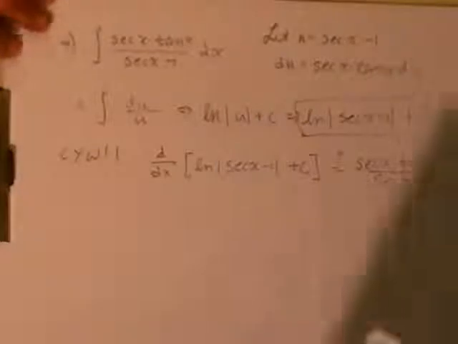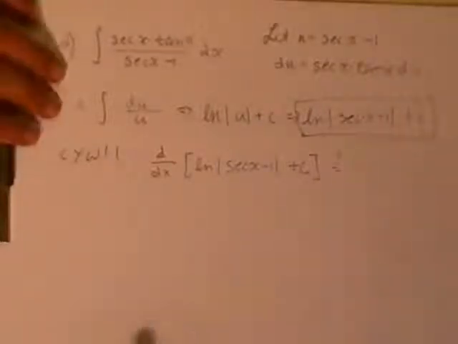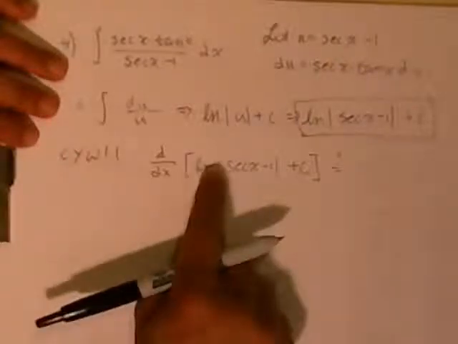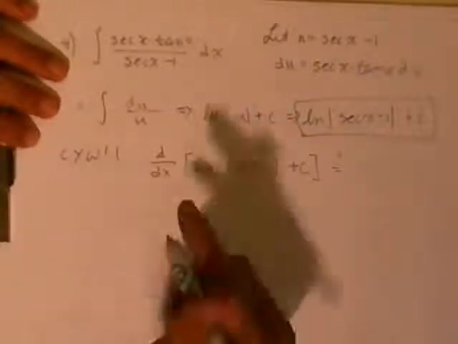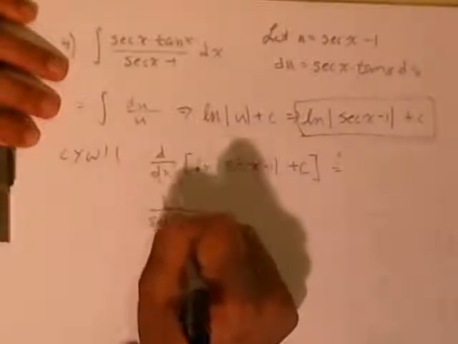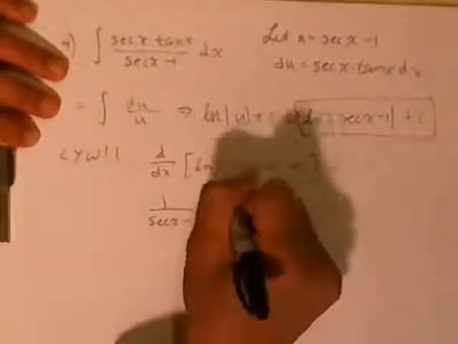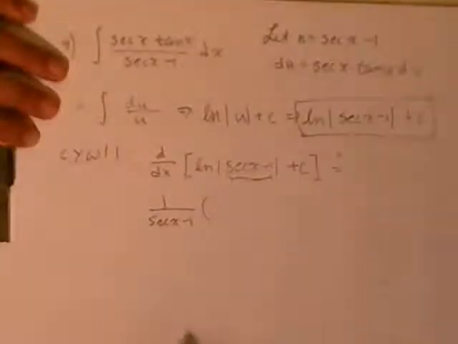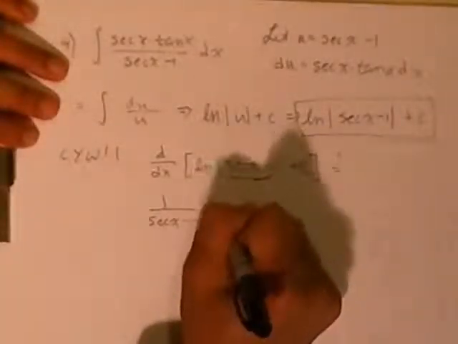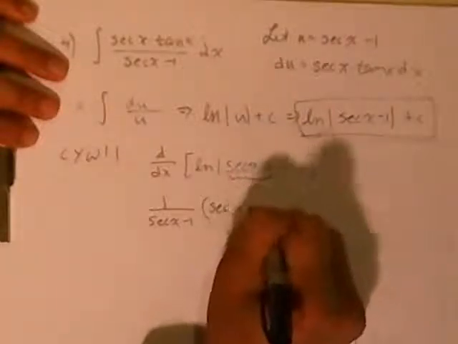Let's see, we're going to hide this. The derivative of the natural log is 1 over this function, whatever it is. It becomes 1 over secant of x minus 1 times the derivative of the inside, which is the chain portion. The derivative of secant is the secant of x times the tangent of x.